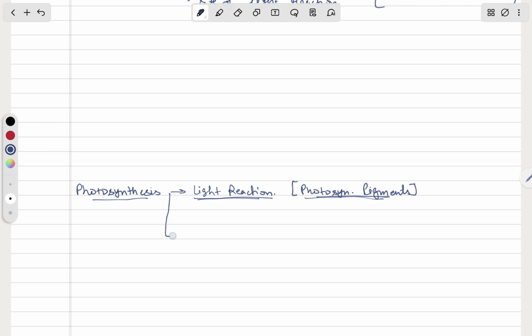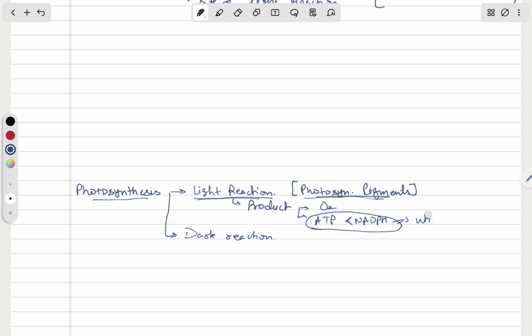Second is the dark reaction. The products of light reaction are oxygen, ATP and NADPH. These are molecules of chemical energy.